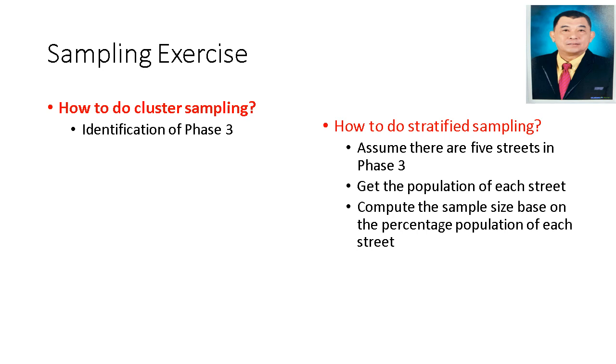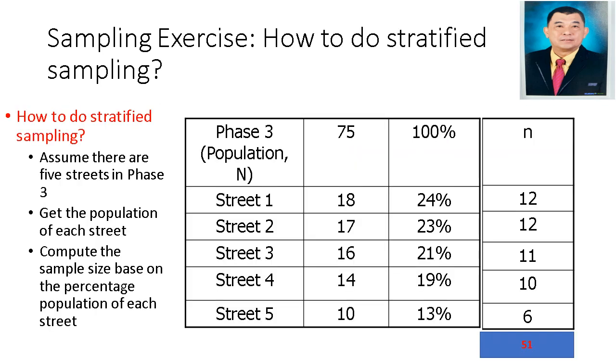Okay. So there are 5 streets in phase 3. We will get the total population of each of the streets, and then we will compute the sample size based on the percentage population of each street. So here is street 1, street 2, 3, 4, 5.